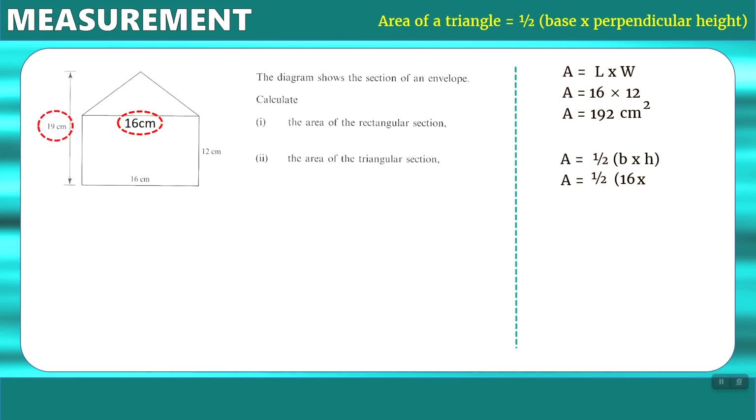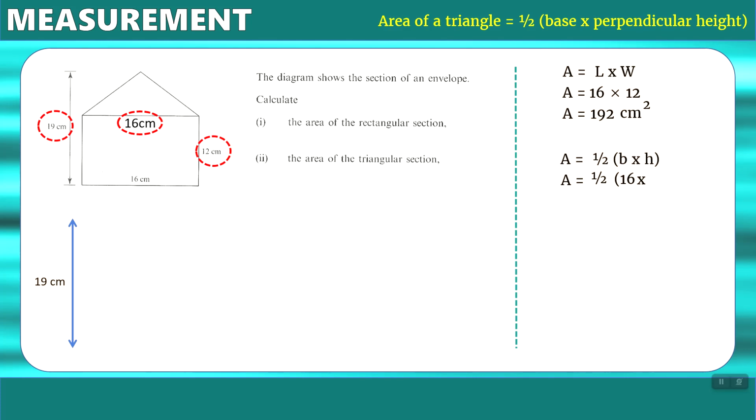If we look at 19 centimeters, this represents the distance from the bottom of the rectangle all the way up to the top of the triangle. So it includes the height of the rectangular part and the triangular part. And that is helpful. And then this 12 centimeters is the distance from the bottom of the rectangle to the top of the rectangle only. We will use this information to now find the height of the triangle only.